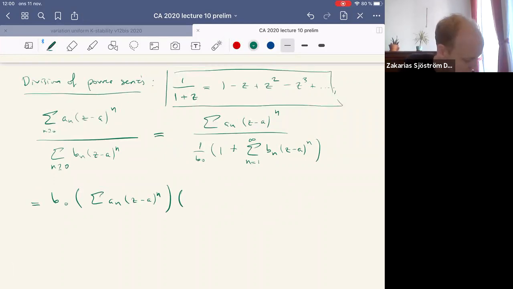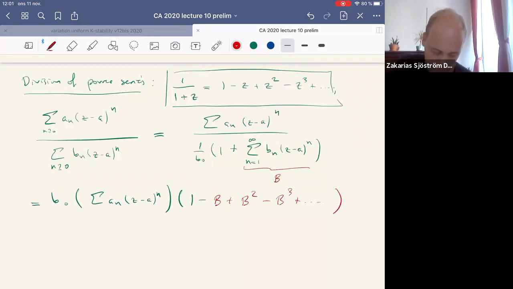I get that, let's call this thing here B, it's equal to 1 minus B plus B squared minus B cubed, and so on.